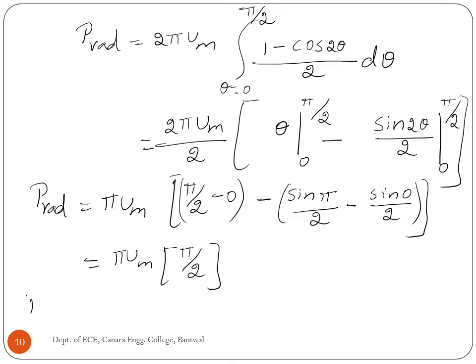So radiated power is equal to pi square Um by 2.